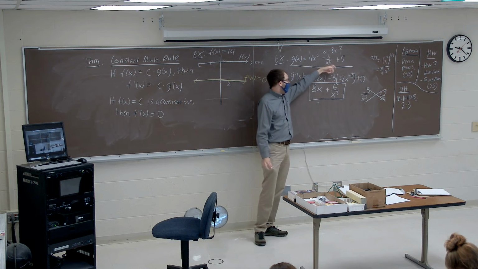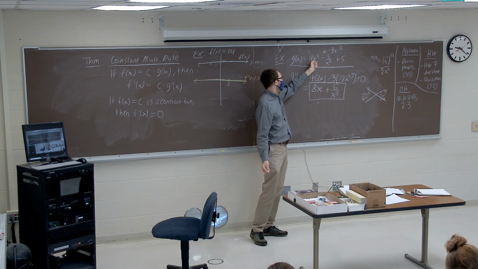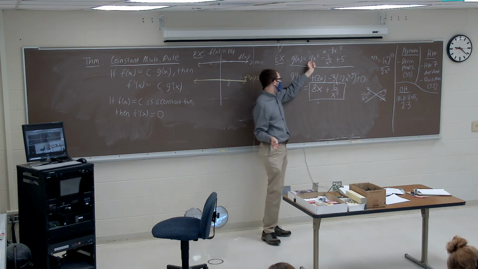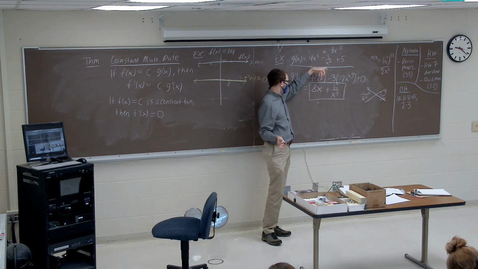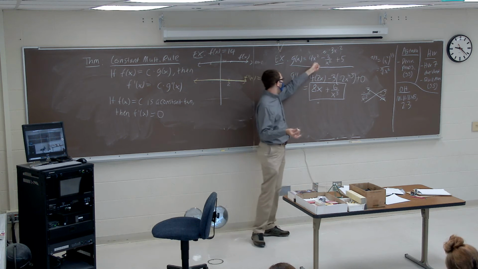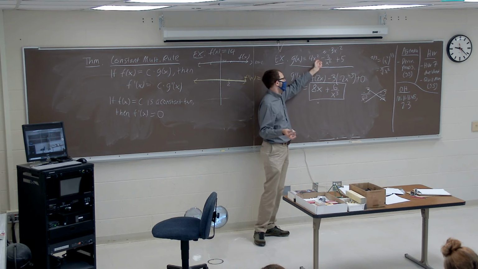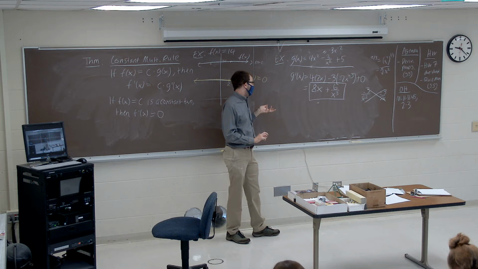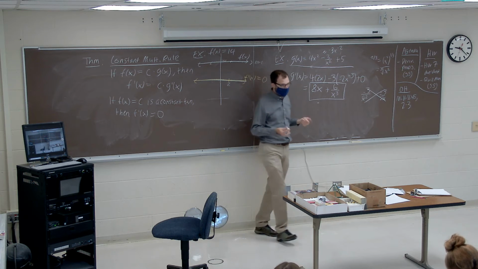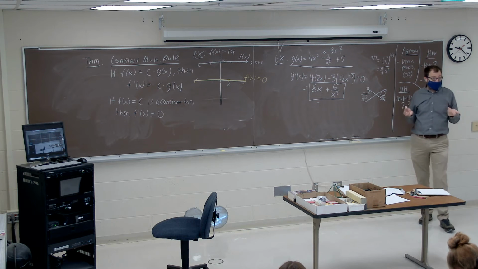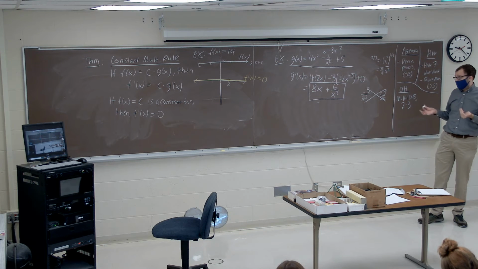And then to differentiate each individual term, for say 4x squared, we use the constant multiple rule to leave the 4 alone and then just differentiate the x squared term. And finally, we needed to use the power rule to differentiate individual powers of x, like x squared and x to the negative 2, in order to get our final derivative. So we used all 3 of these last 3 theorems that we talked about to make this work out.